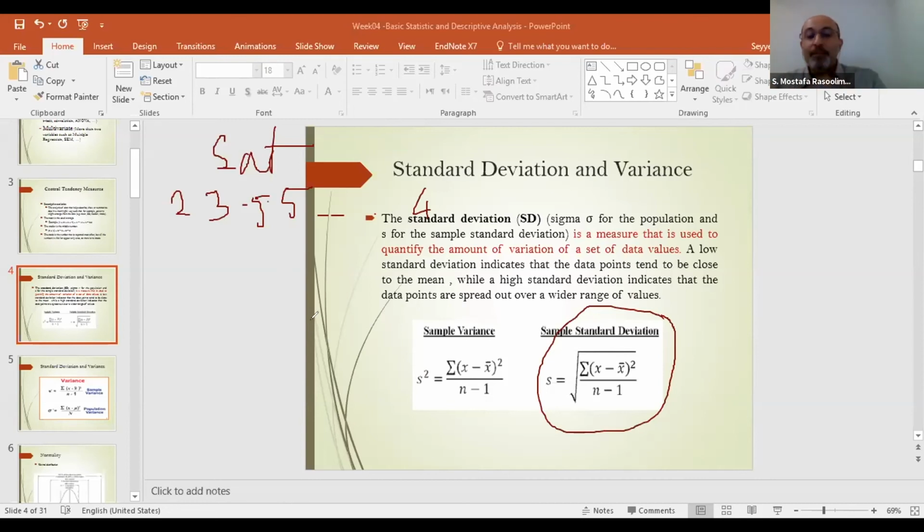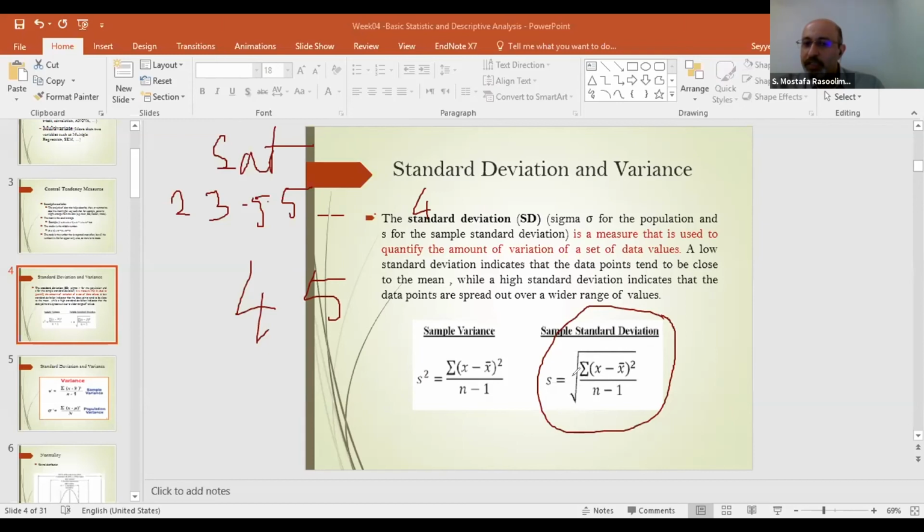But let's say the variation of answers for satisfaction is very low. Most respondents only answer 4 and 5. So the standard deviation is very low, because look at the formula of standard deviation: x minus x bar, that is the mean value, to the power of 2, summation of this, divided by n minus 1, and the square root.